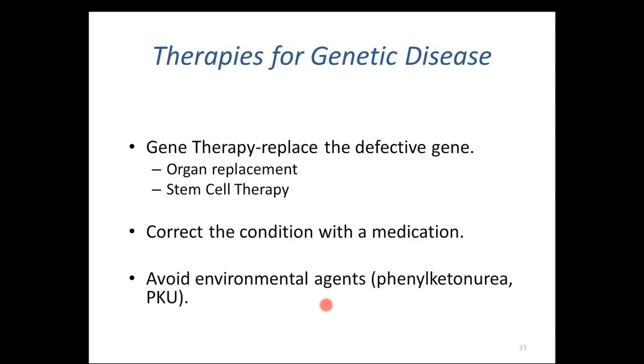Now, there are some genetic conditions where, if recognized early, we can manipulate the environment of the individual to prevent the manifestations of the disease. The most famous is PKU, or phenylketonuria. You may be familiar with the fact that any baby born in the U.S. or most countries has a spot of blood taken from the bottom of their foot, and that's used to test for this condition. It's a condition which causes mental retardation. It's a defect in metabolizing phenylalanine, which is one of the amino acids in the proteins of our body.